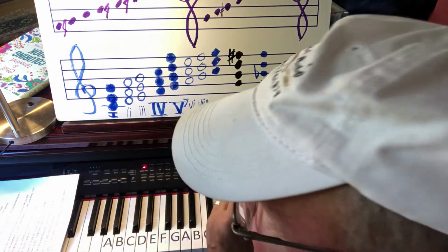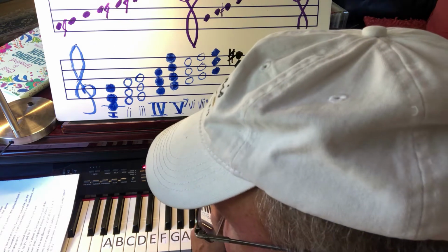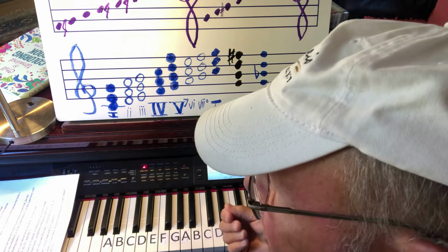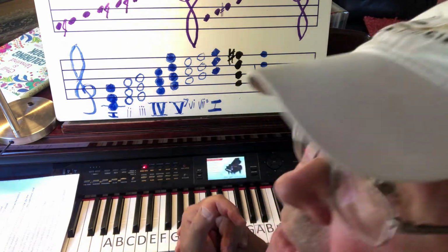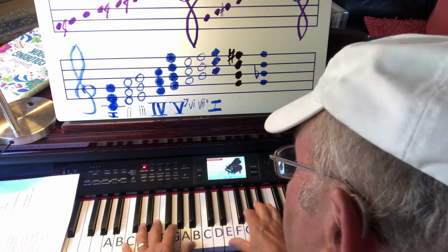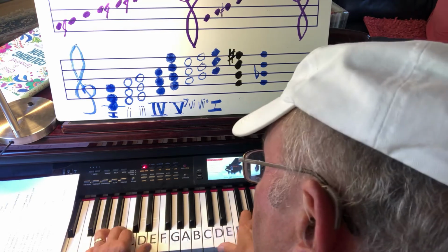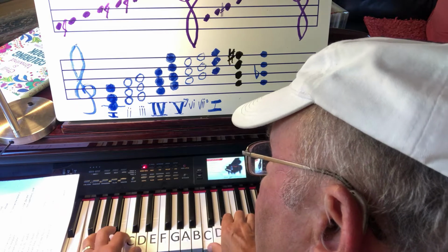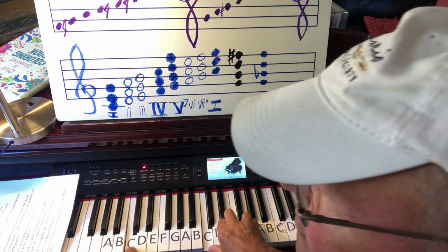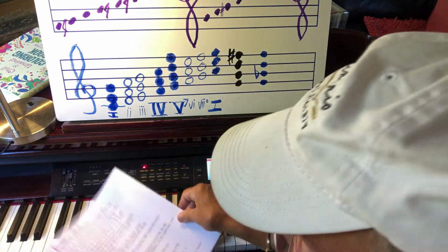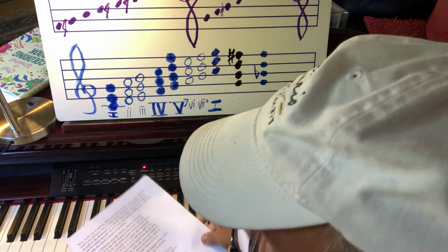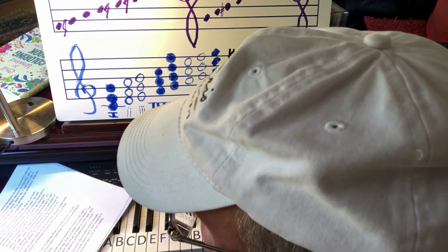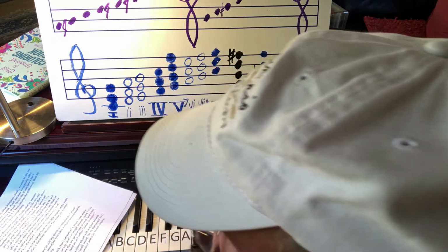Many pieces end with that 5-1 cadence. And the subdominant to tonic relationship we know harmonically as the amen cadence. If you're in that same key, subdominant and the dominant.